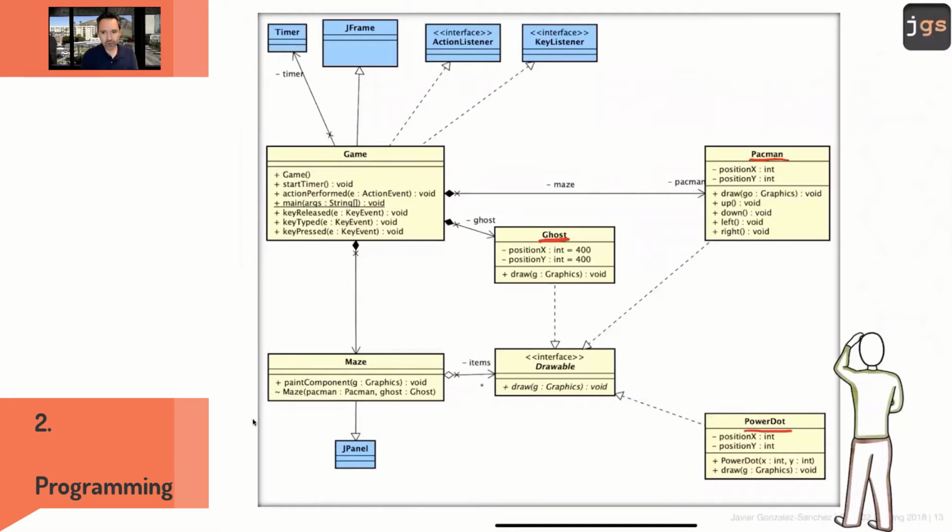I mean, so far, the Ghost and the Pac-Man are moving, but the power dot is not moving. It's a rectangle on the screen. The only thing that I am asking now is, instead of a rectangle, it's going to be a group of characters, a group of numbers that are going to be drawn on the screen. Could you agree with that idea?